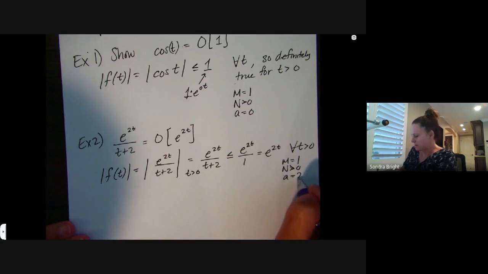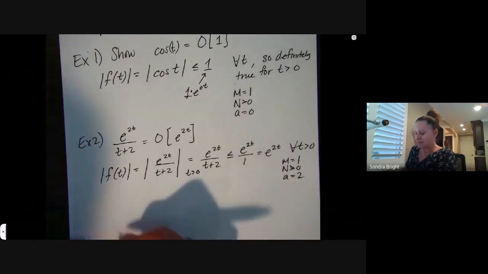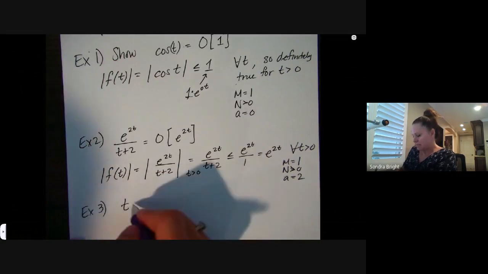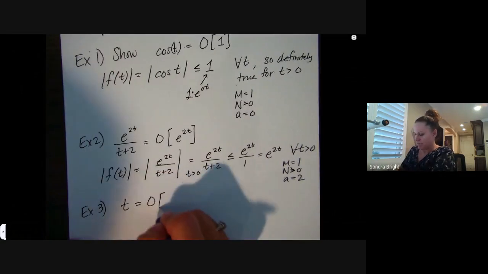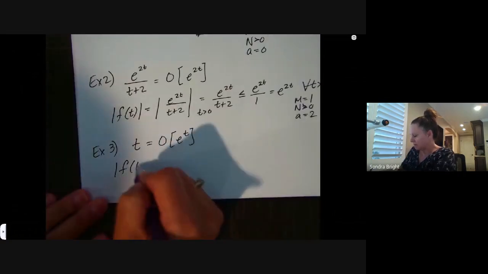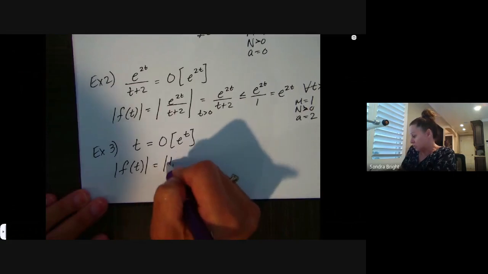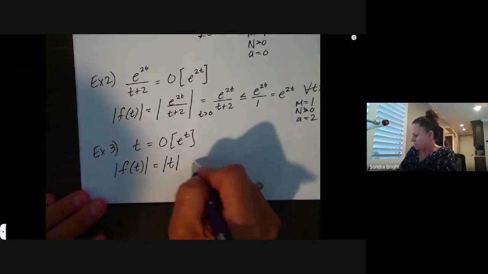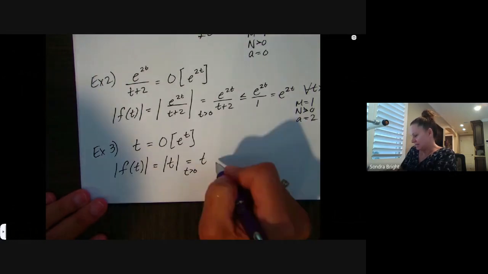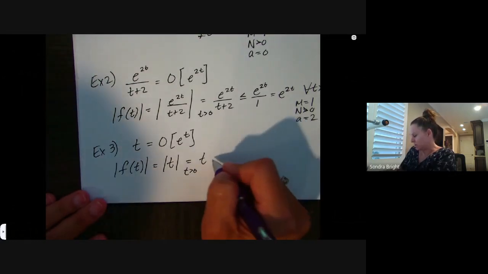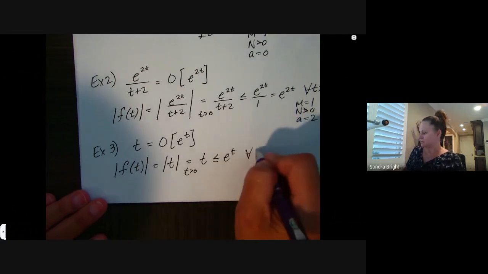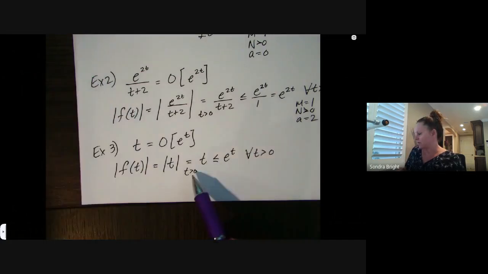How about another one? How about showing that the function t is of the order e to the t? Again, taking the absolute value, if t is greater than 0, then that's just t, which is definitely less than or equal to e to the t for all t greater than 0.